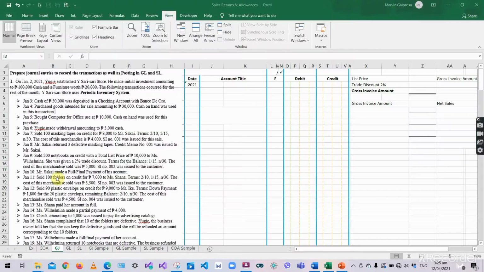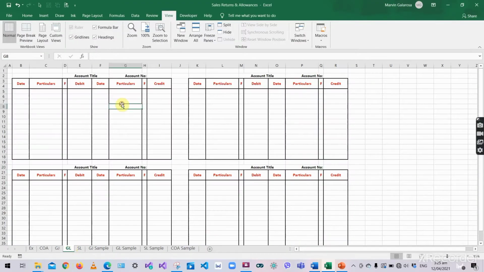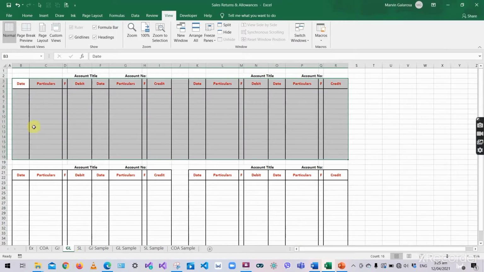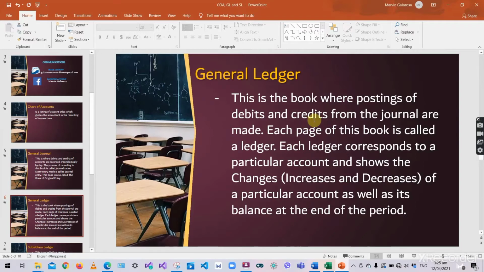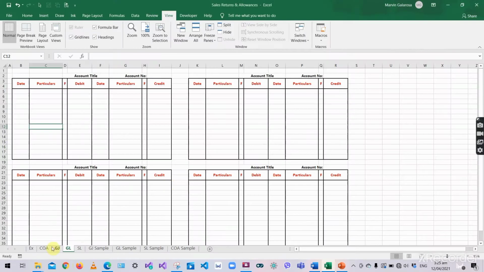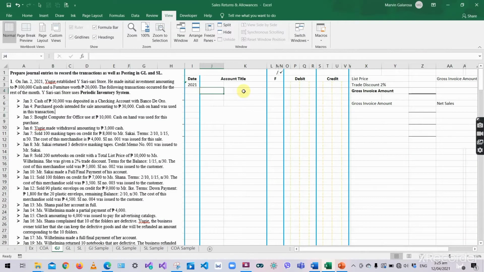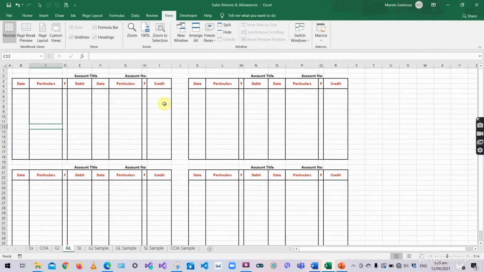Next is the general ledger. This is how the general ledger looks. So what is a general ledger? This is a book where postings of debits and credits from the journal are made. So once na nakapag-journal entry ka, kada debit and credit nun ipopost mo sa general ledger.